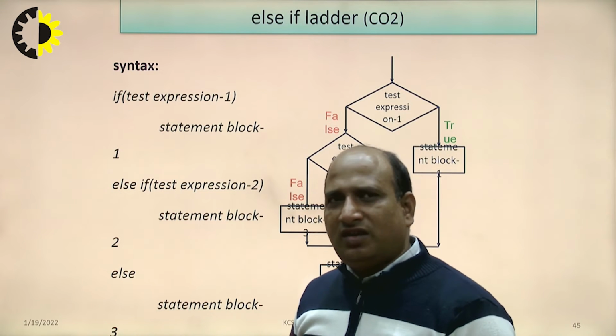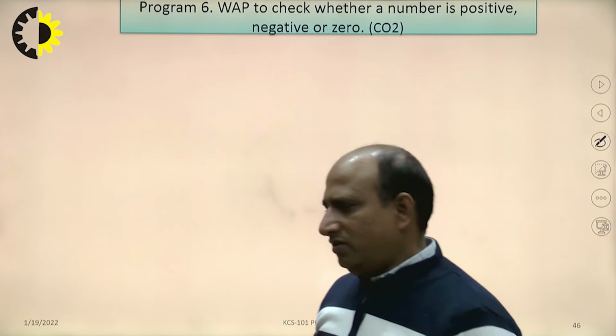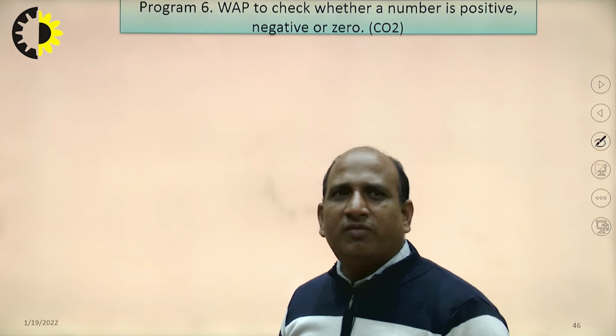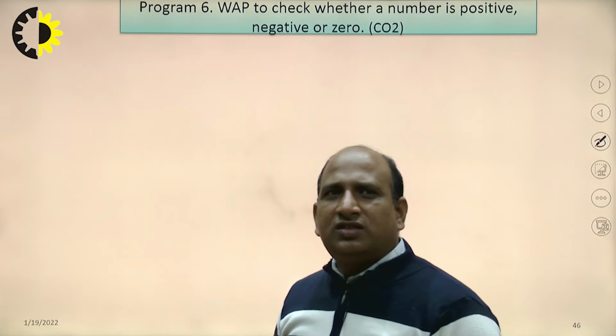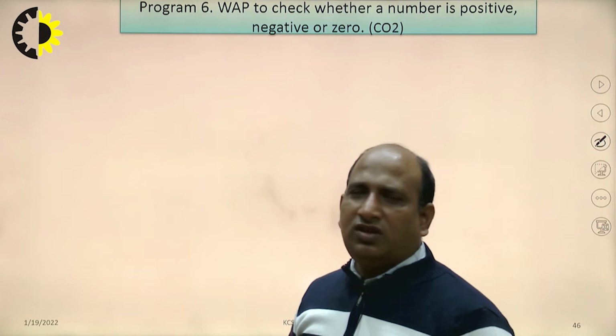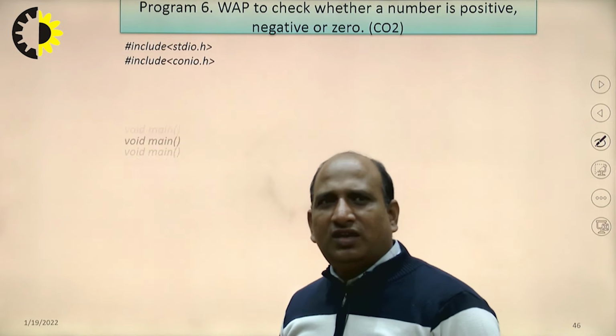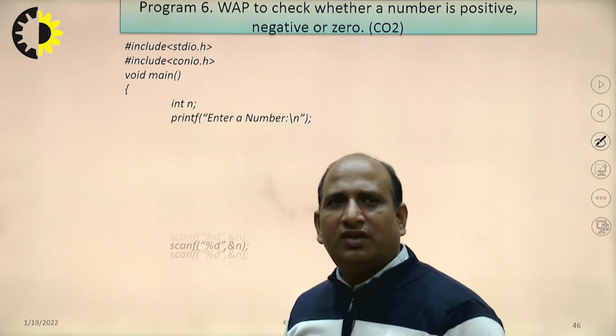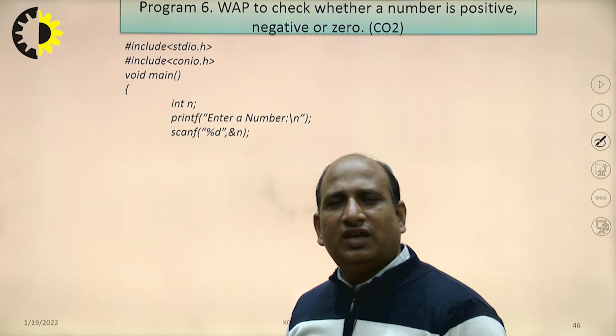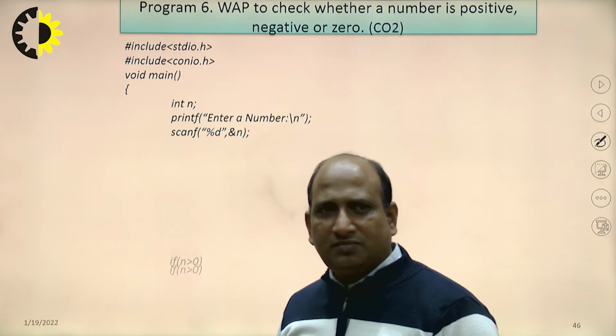And I have written a code to apply this concept: write a program to check whether a number is positive, negative or 0. I have taken a number in a variable n. I have written enter a number and I scanned it in the variable n.